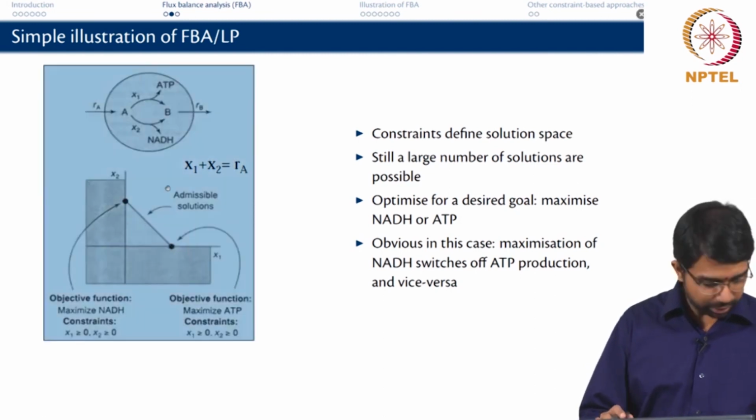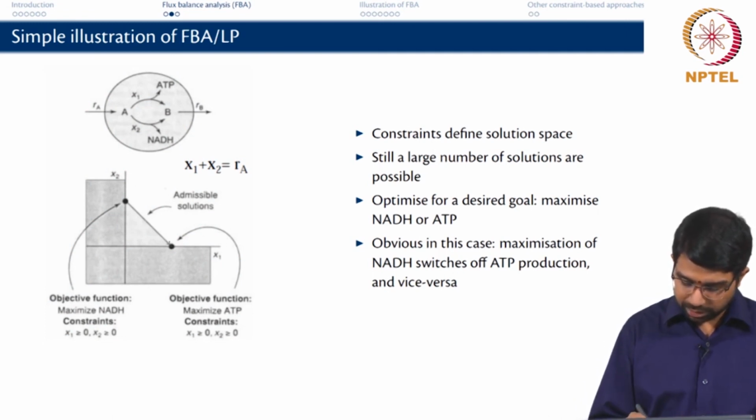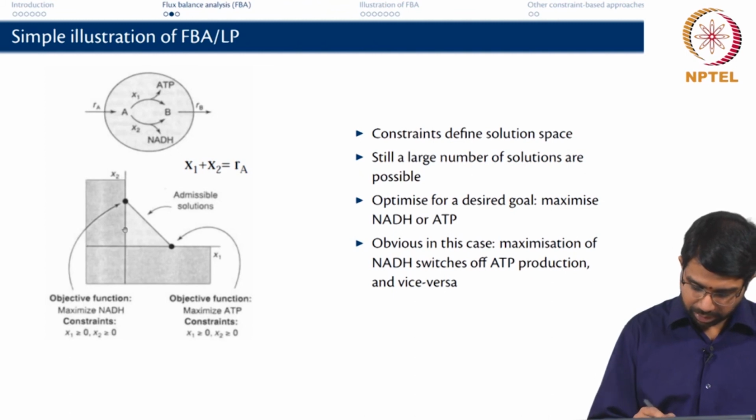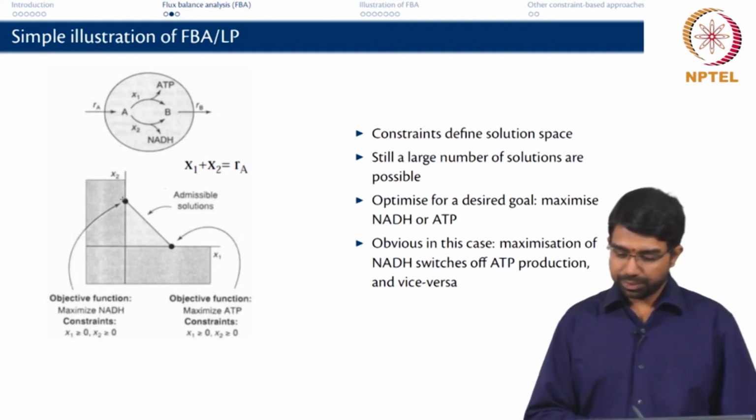So, because of that all your solutions lie on this line. Now, you can say maximize x1, which means you will get to this point x1 comma RA comma 0, or you maximize this point, you will get to again RA 0 comma RA as the other point, right.